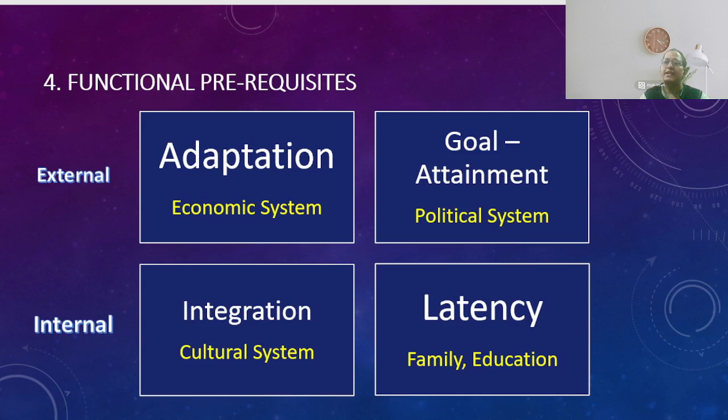And the last one is latency, also called pattern management. This works in the fiduciary system. Latency works in the fiduciary system, and the pattern is managed by the family and education.